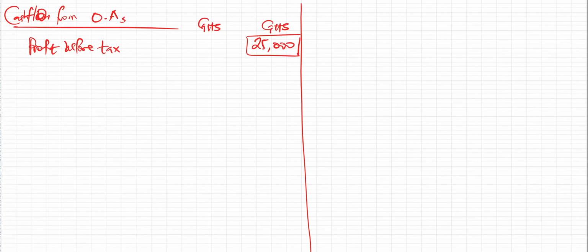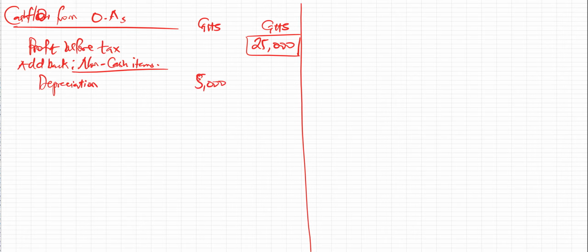So now what you do is add back non-cash items like depreciation and amortization, those adjustments you did. Because you are dealing with cash, we take out the non-cash items. What non-cash items did we see in the question? First, depreciation, which was 5,000.